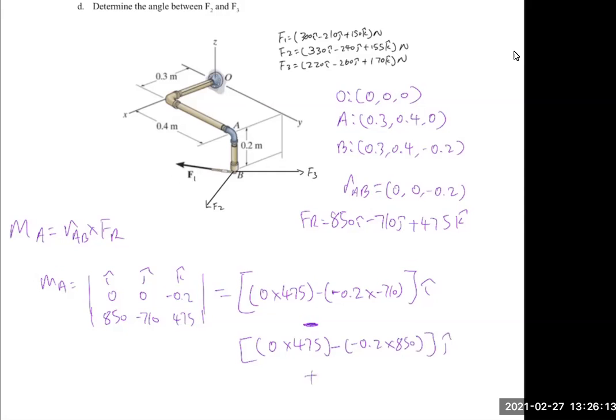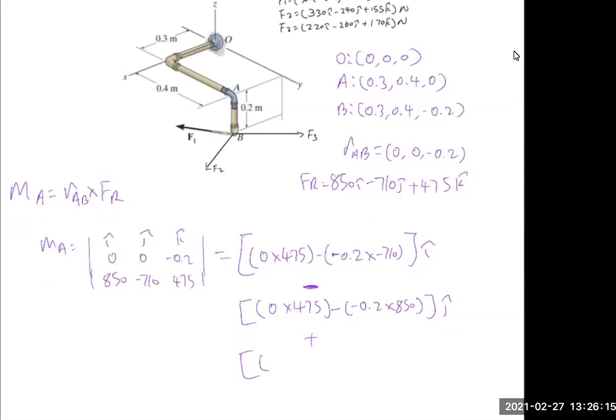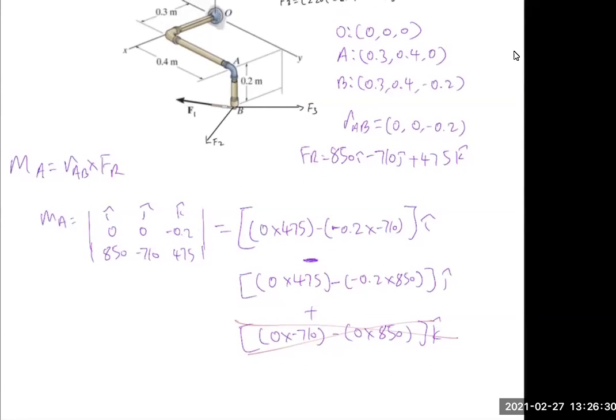Plus my K component: 0 multiplied by negative 710 minus 0 multiplied by 850, and this whole thing just goes to 0 because it's multiplied by 0. So if I input all these in the calculator, I get MA equal to negative 142 I minus 170 J, plus 0 K. So this is my final answer for part A.